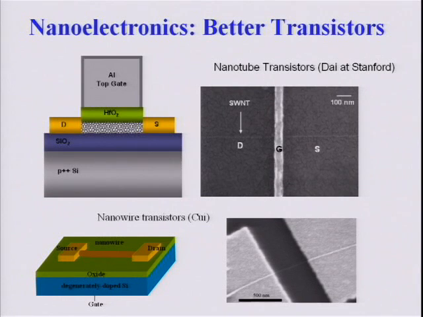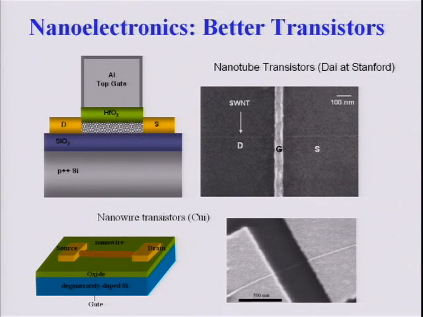So using a nanotube contacted by two electrodes, one is the drain, the other is the source, and you can have a gate electrode, whether it's using the substrate as a gate or you can fabricate a so-called top gate. People make really high quality transistors and demonstrate the mobility is like infinitely high because the transport of electrons doesn't get scattered along the nanotube.